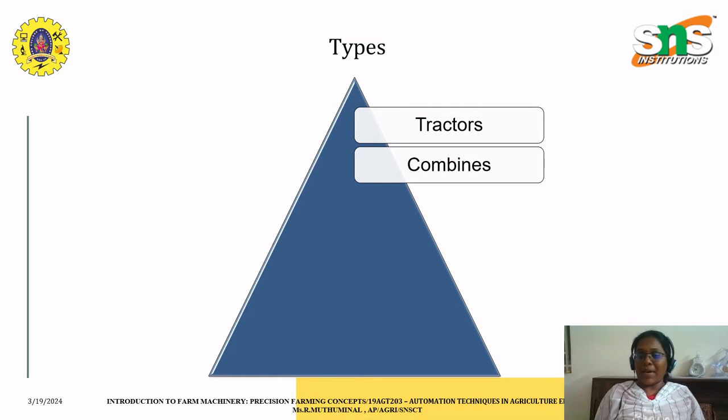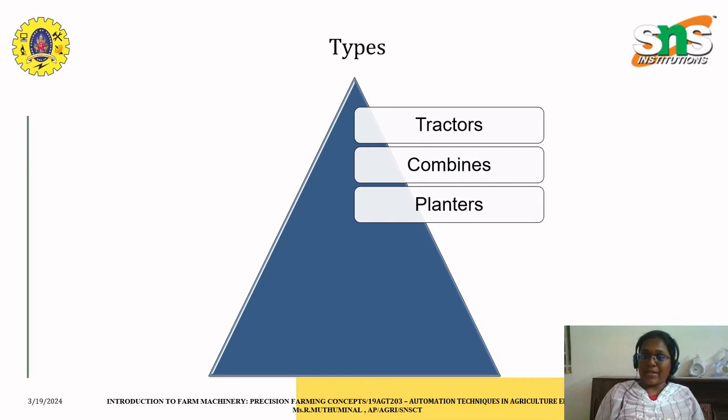The second one is combiner, where along with the tractors, we implement the farm implement component parts so that we can directly do certain things involved in farming operations.